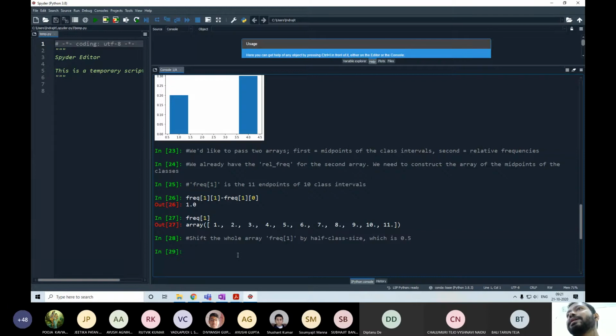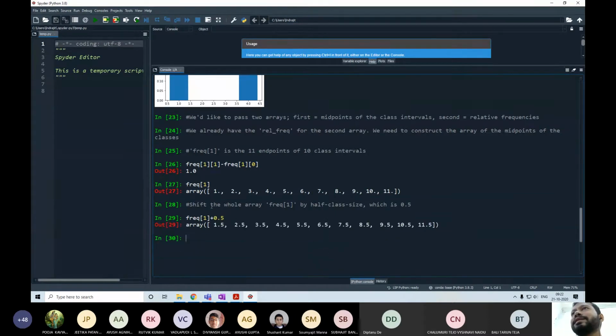So shift the whole array by 0.5, which means if I do frequency 1 plus 0.5, this will actually shift the whole array. It was 1, 2, 3, 4, 5, 6 up to 11. It's now 1.5 up to 11.5. But it's not stored, right? So if I call this frequency 1, you will see, okay, it is the same thing.